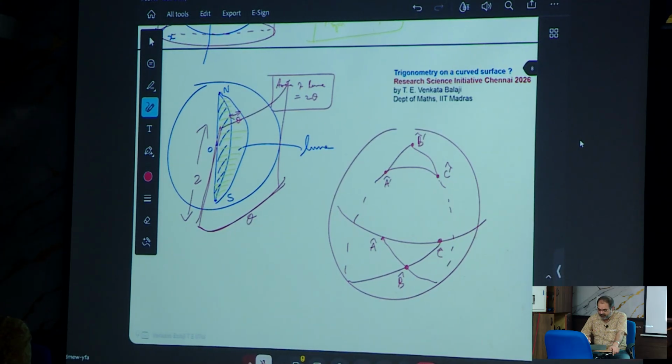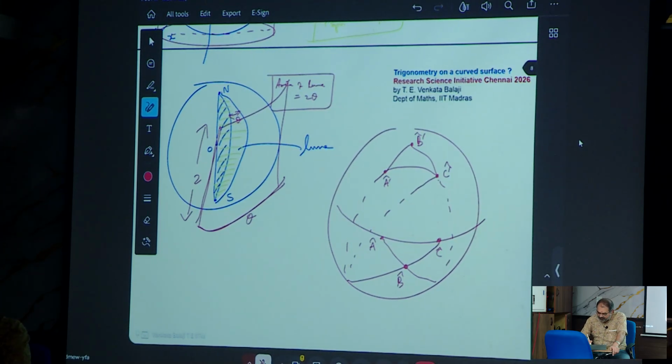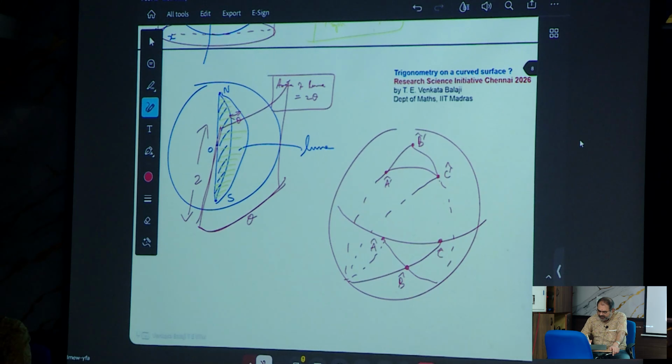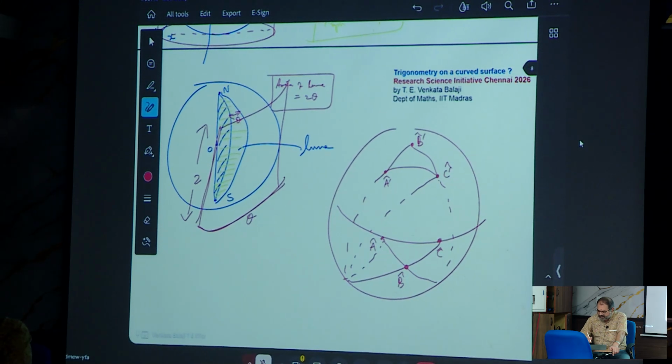If you picture it, you go from C hat through B and then all the way like this, and then from A hat. I have to draw this carefully.